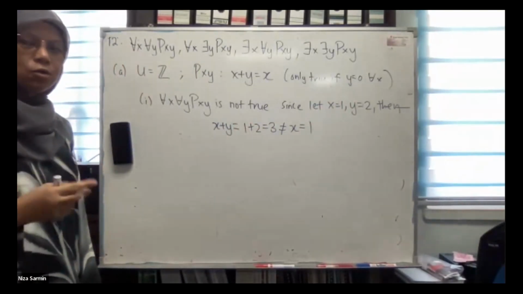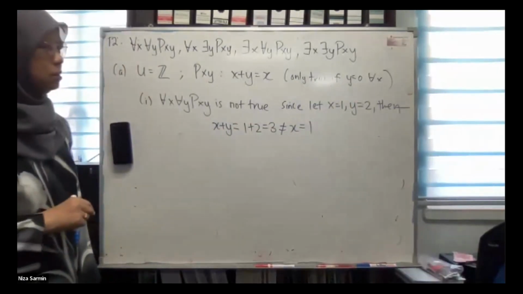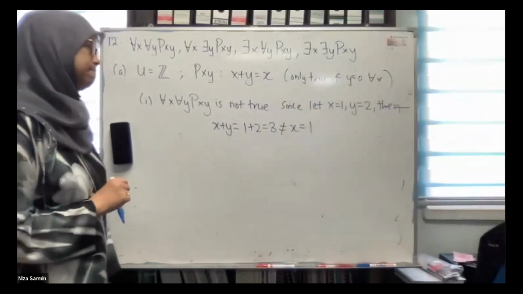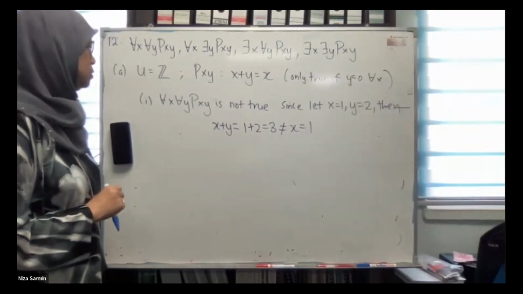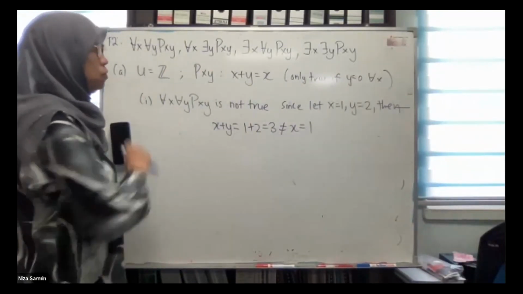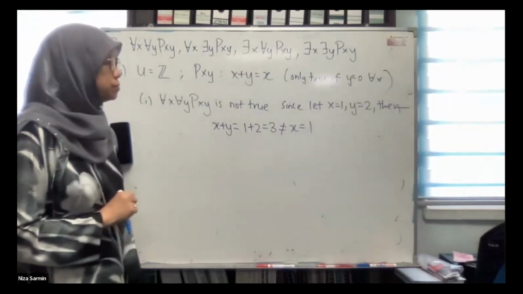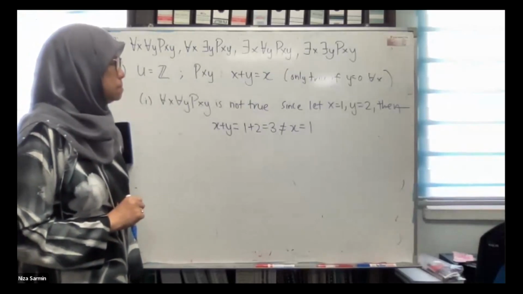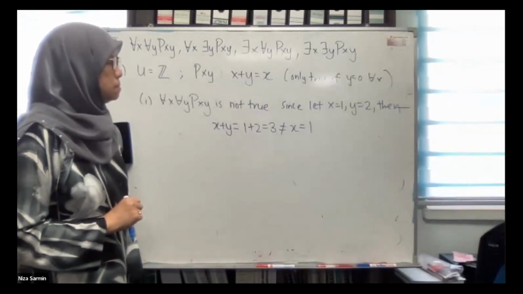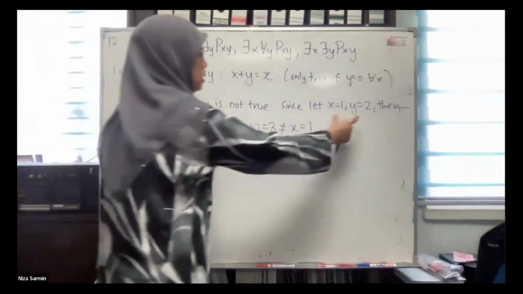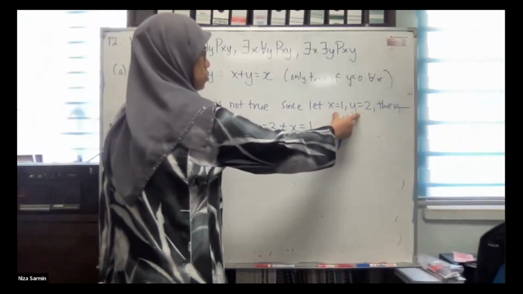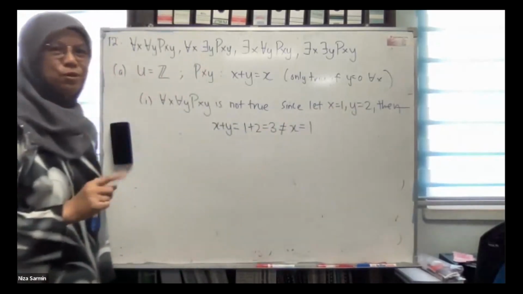Or any other counter example. We know it's only true if y is 0, right? So it's not true for all. So you can give any value, but don't give y is 0, then it will be true.